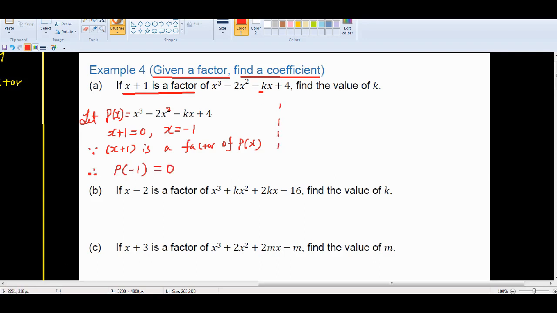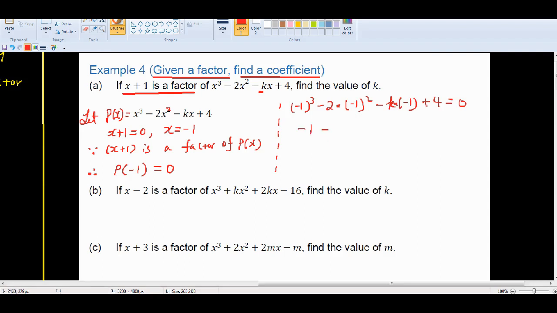So p(-1) means you need to substitute minus 1 into x, and the result will be 0 because this is a factor.